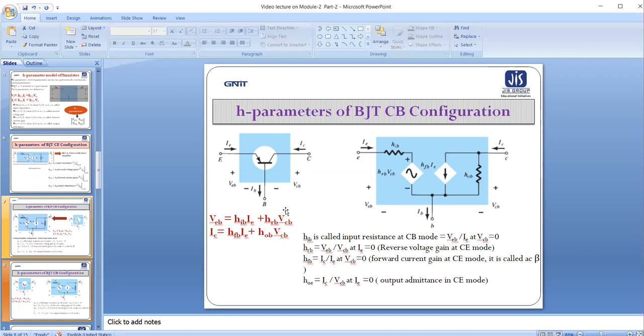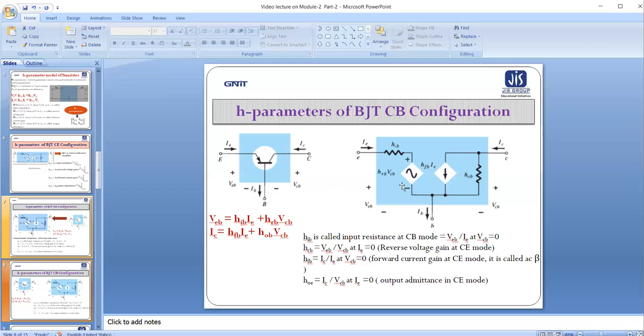Here one thing should be mentioned: this is a PNP based transistor, so the emitter will be positive and the base will be negative. We are not using the NPN in order to avoid complexity, but the same thing will happen. Only the polarity and the current direction will be changed.